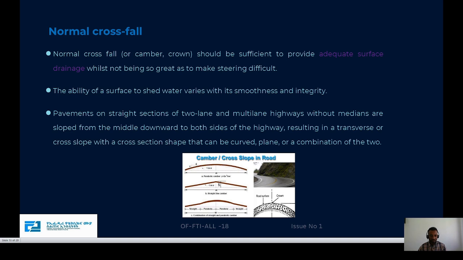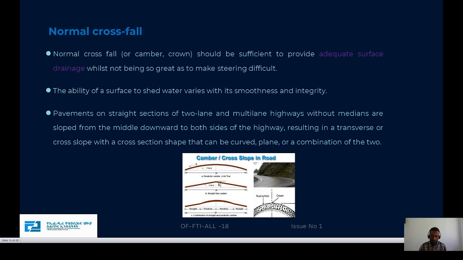The ability of a surface to shed water varies with its smoothness and integrity. For a smooth surface the slope will decrease, and for a rough or gravel road the slope increases, so the slope varies with smoothness and integrity.